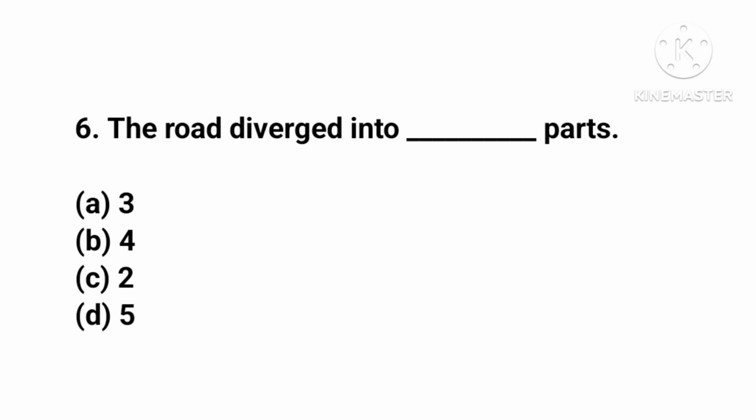Option A 3, option B 4, option C 2, option D 5. So the road separated into how many paths? Excellent! It diverged into 2 paths.